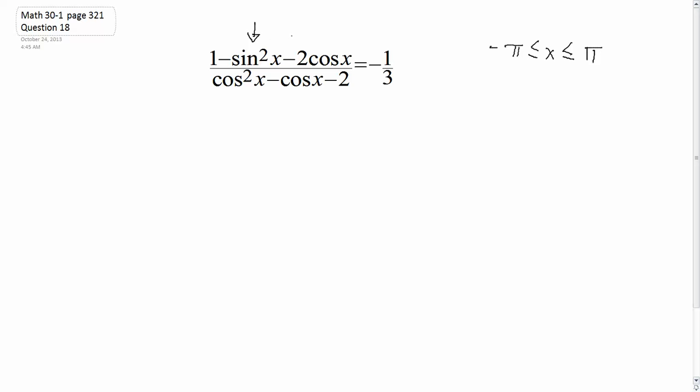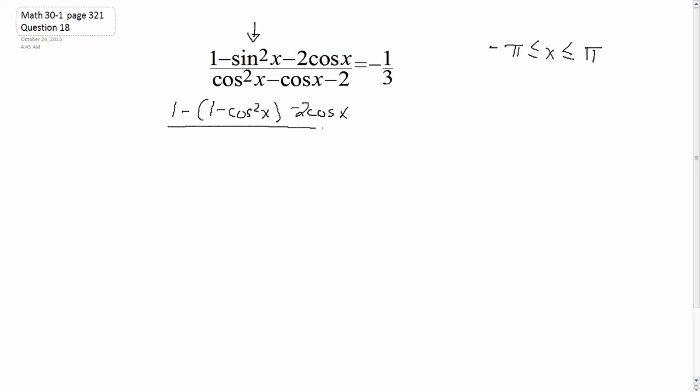because everything else is cos, and so the easiest thing is getting it all into the same trig function to start with. So we have 1 minus, and using the Pythagorean identity, we know that sine squared x is equal to 1 minus cos squared x, and then minus 2 cos x.